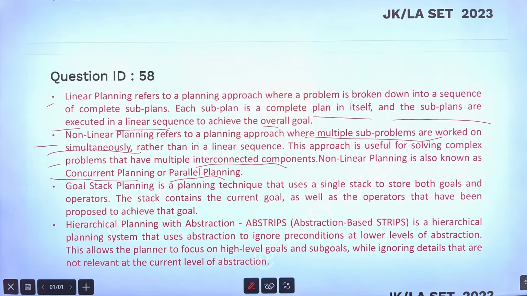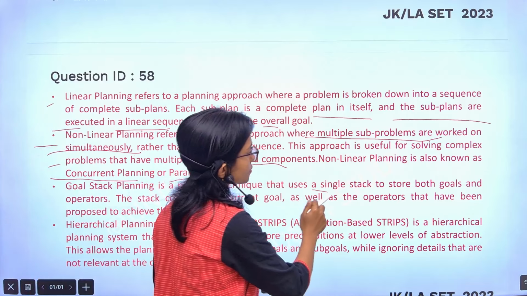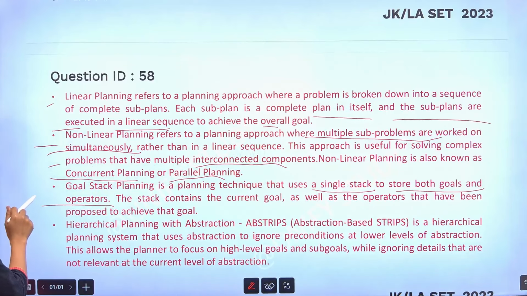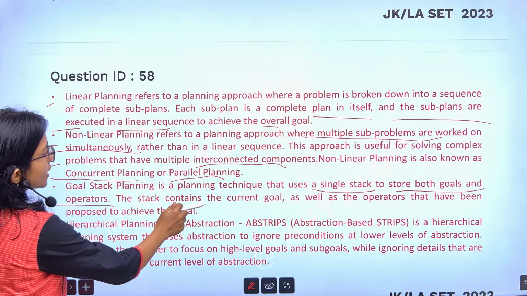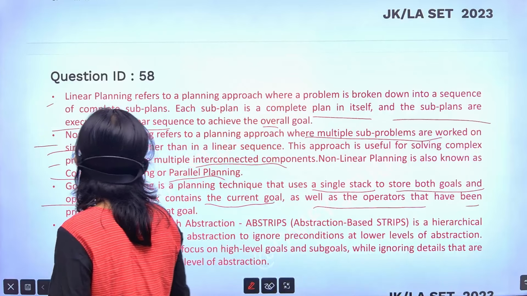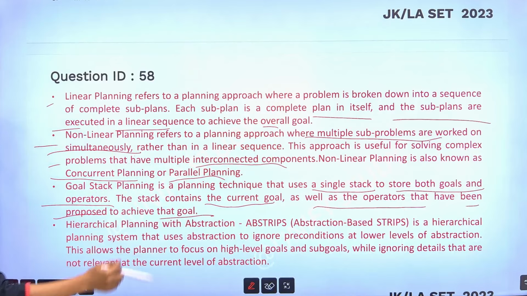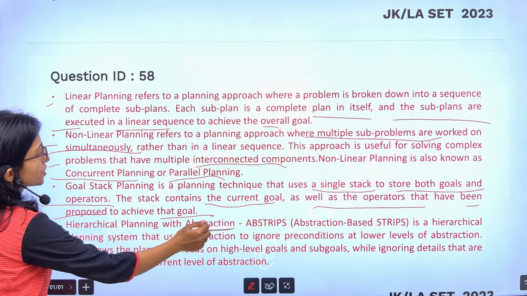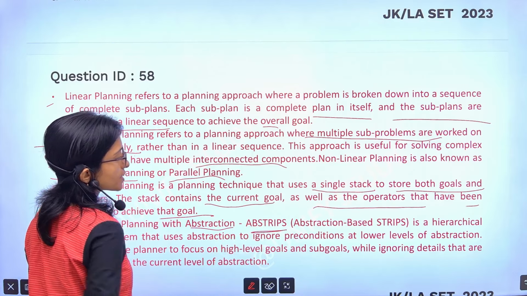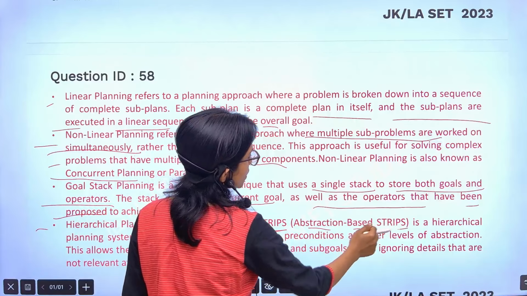Goal stack planning is the planning technique that uses a single stack to store both goals and operators. So the stack contains the current goal as well as the operators that have been proposed to achieve the goal. This is called goal stack planning. And hierarchical planning with abstraction, that means ABSTRIPS, abstraction based STRIPS.